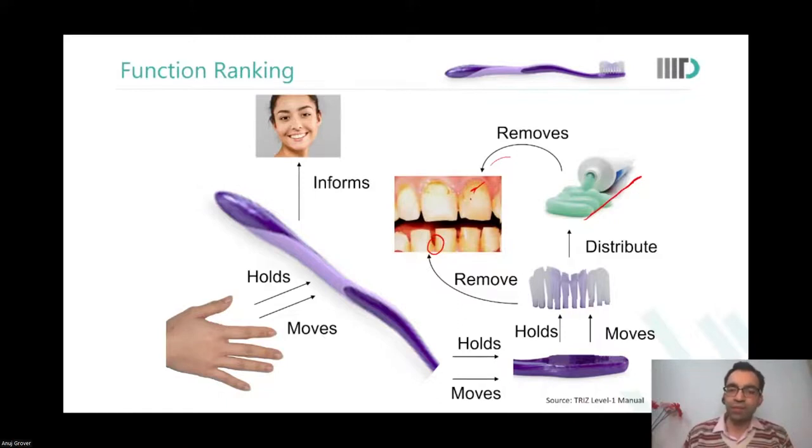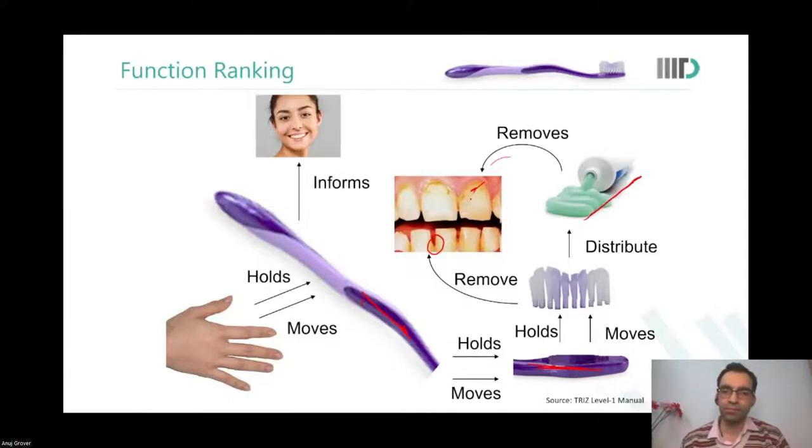So let us say, what rank would you give to the function that the handle is performing on the head? What is the total function addition that the handle has? Quickly, what are the functions that the handle does?